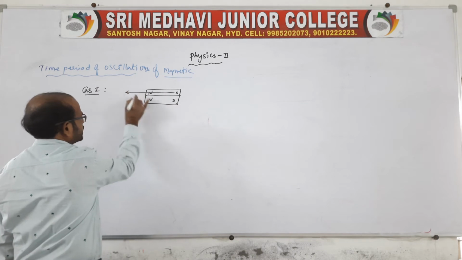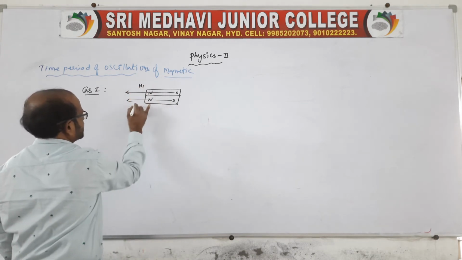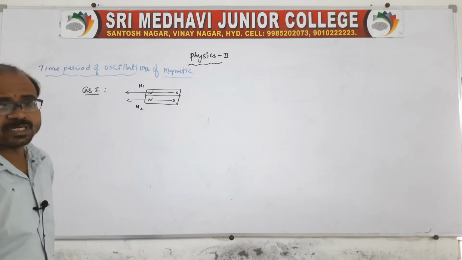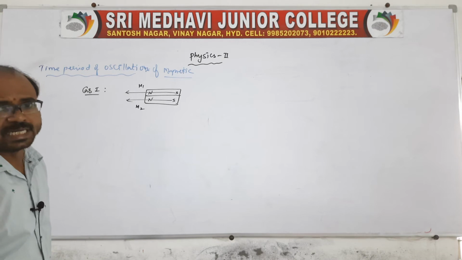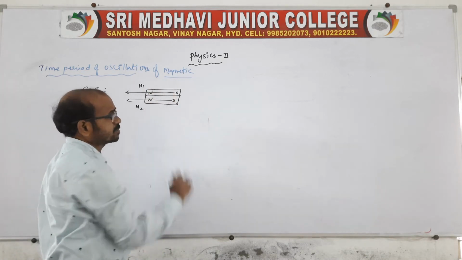Therefore the induction will act from south to north, the magnetic moments are M1 and M2, and this combination is suspended in the uniform magnetic field. Then what will happen to the time period?